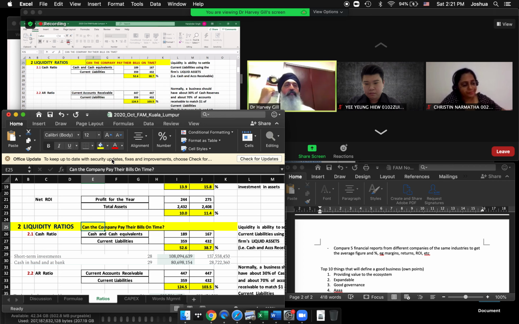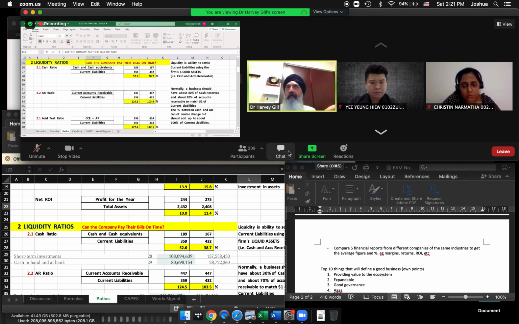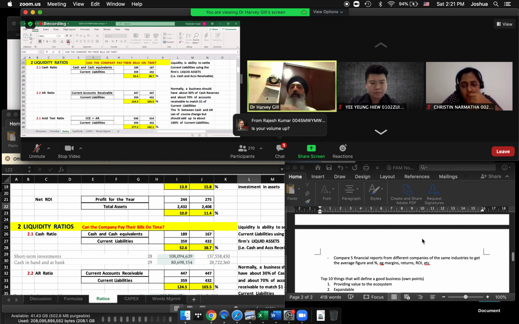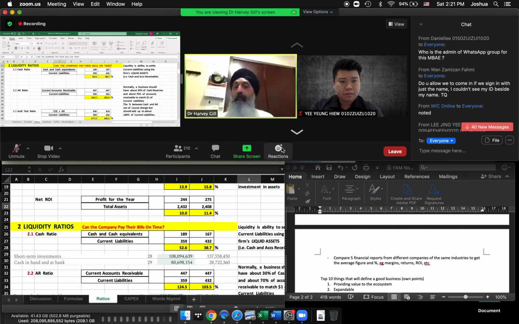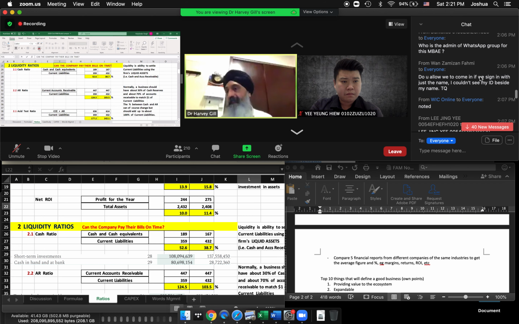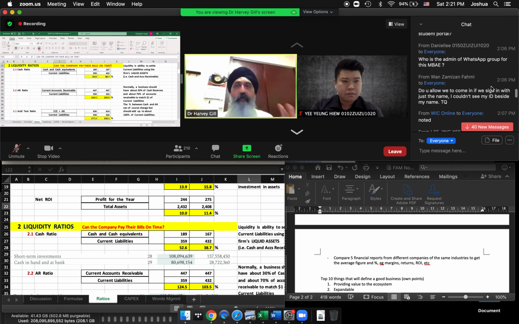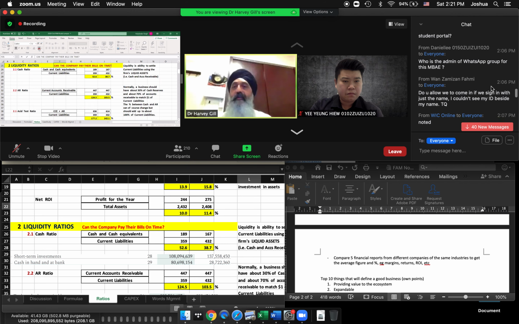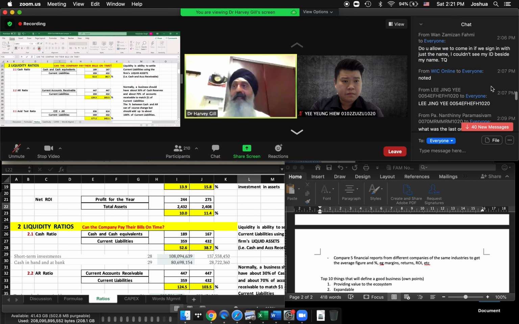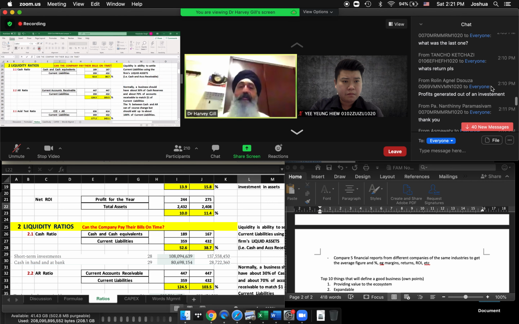Because your bank account goes up and down based on the cash that you already have, the cash buffer, plus the cash that you're collecting from your customers and putting into your account, either one main operating account or a few operating accounts, usually a few. So we pay bills out of the cash we have in our pocket, so to speak, plus the cash we are going to collect from our customers.